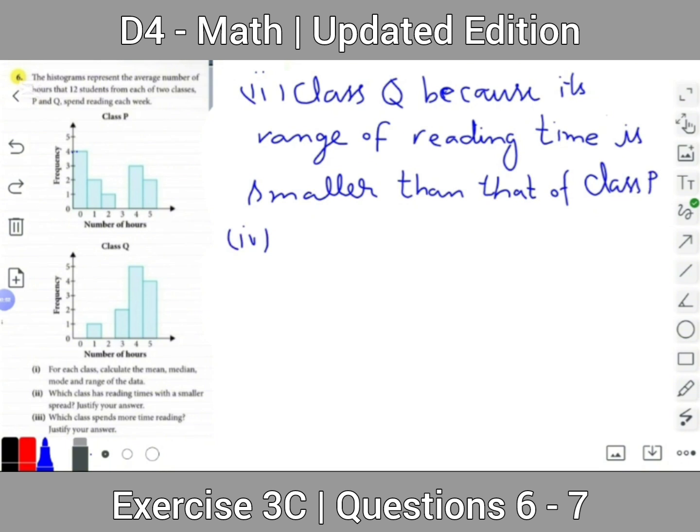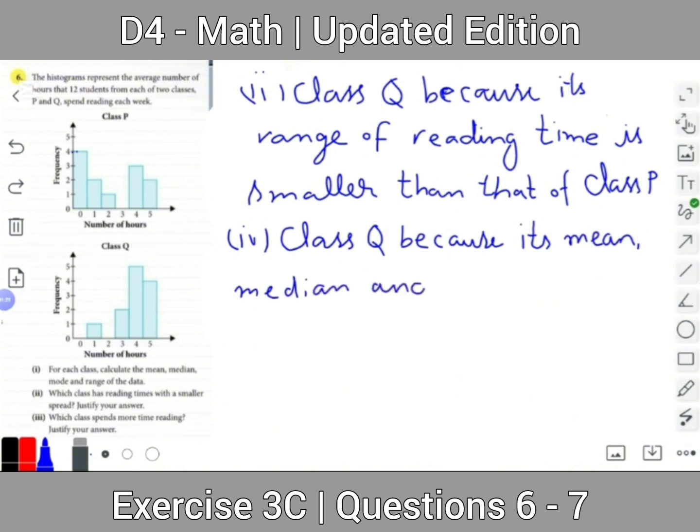Justify your answer. Class Q because its mean, median, and mode reading times are greater than that of class B.